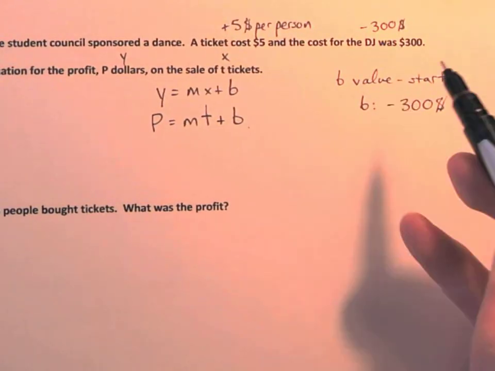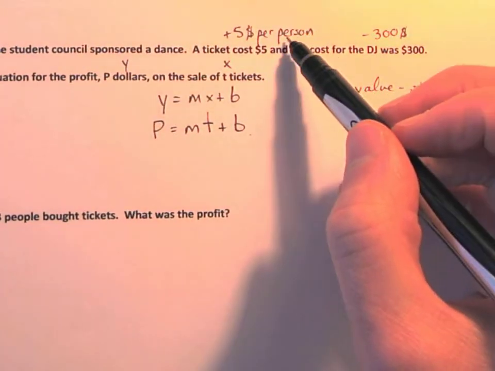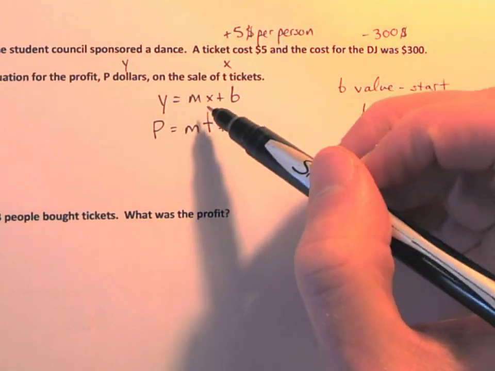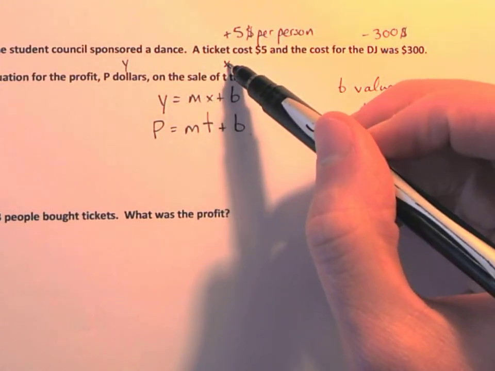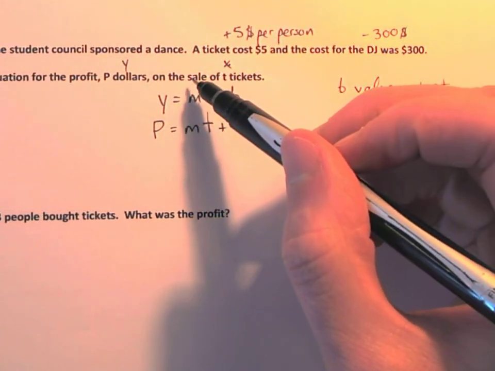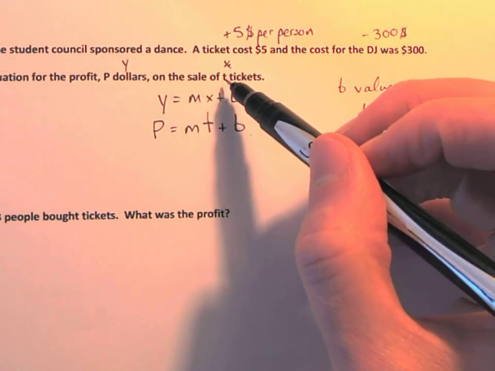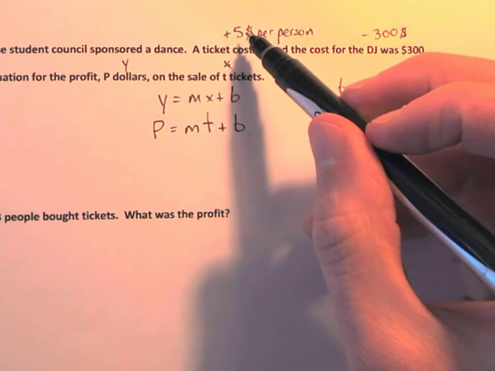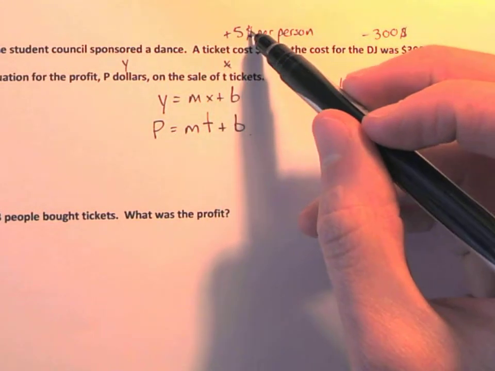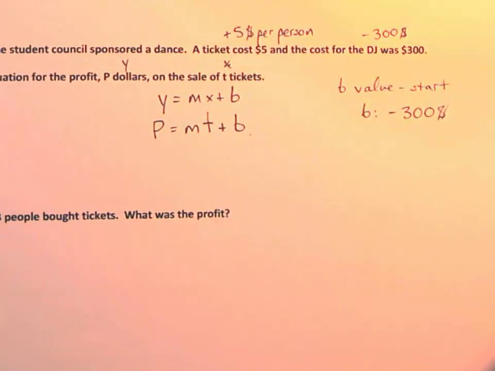And then we know that our slope is how much money per x value increase. And so the amount we're rising per one ticket is going to be $5, or the amount of money we get per person is $5.